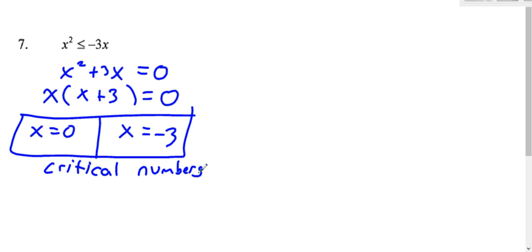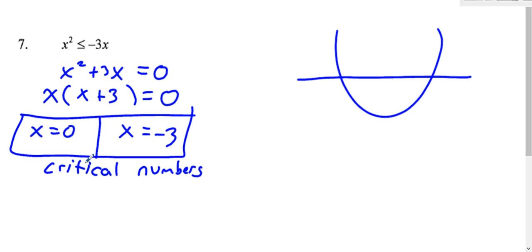So now we think about the graph of this thing. Since it's x squared, it's a parabola. It's a parabola that opens up like a U. It crosses the x-axis twice, at 0 and -3. -3 is more to the left of 0, though, so write them in order. Then we look at our inequality symbol. It was x squared is less than or equal to.